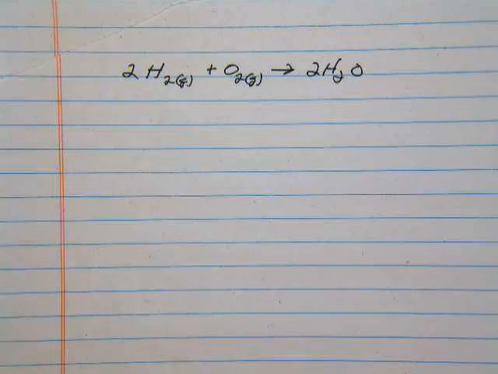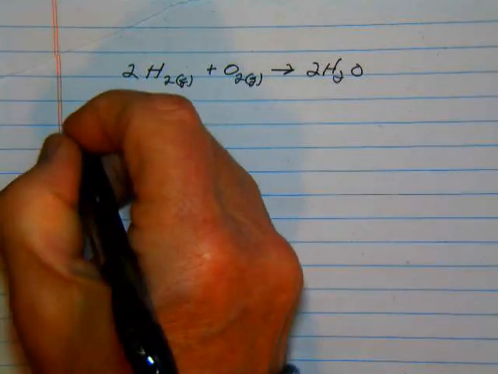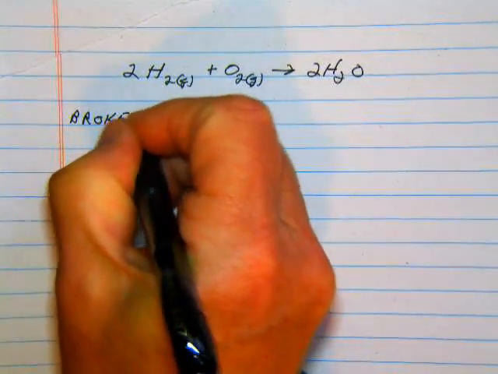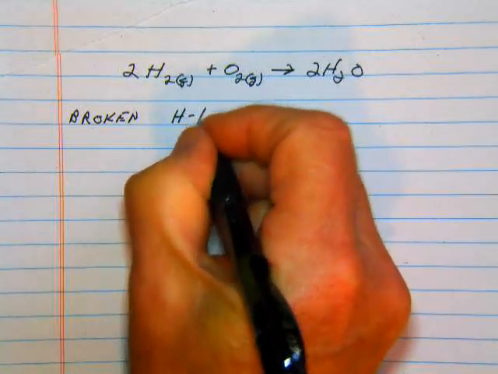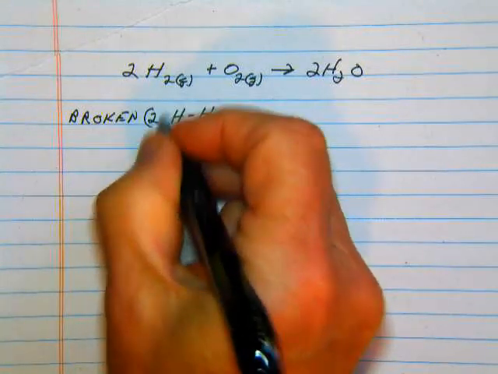So now let's take a look at our bonds that are broken, or our reactants. We have H-H, which we have 2 of, and that comes from here.